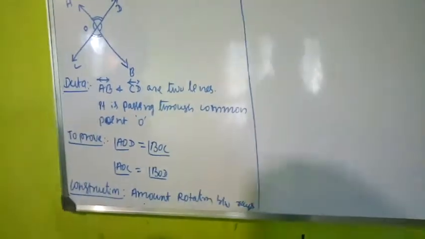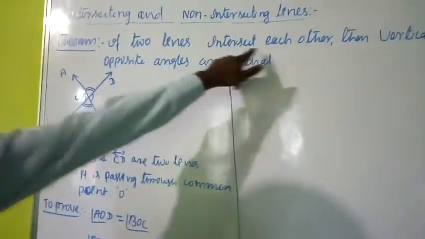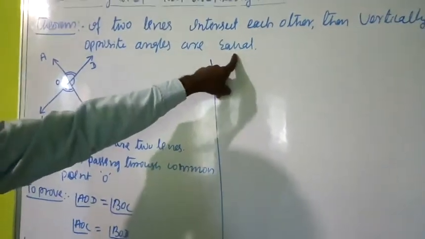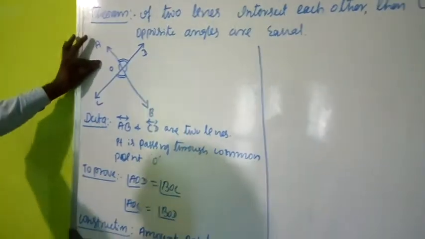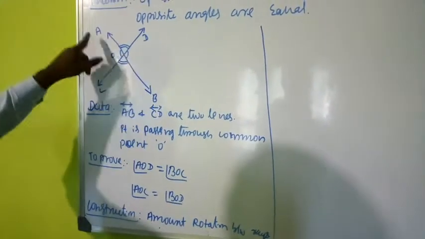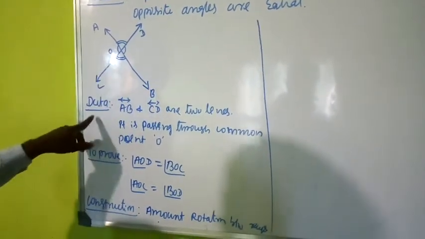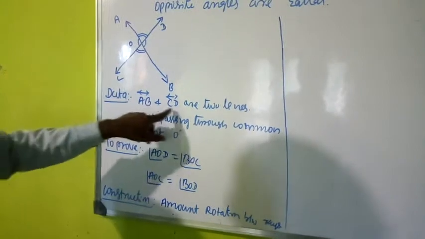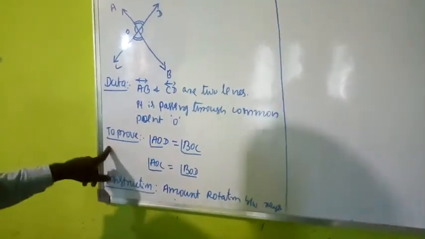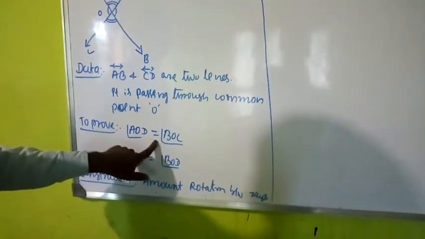Okay, so once again students, if two lines intersect each other, then vertically opposite angles are equal. For this we have taken a diagram here. AB and CD are the two lines, and these two lines intersect at O. So from this data we collect that AB and CD are two lines passing through a common point O. Then what we are going to prove is angle AOD is equal to angle BOC.